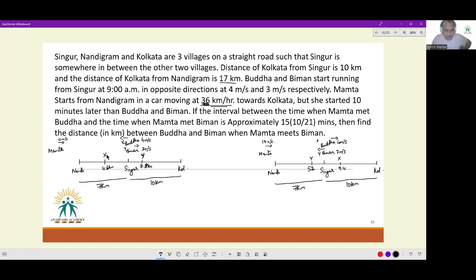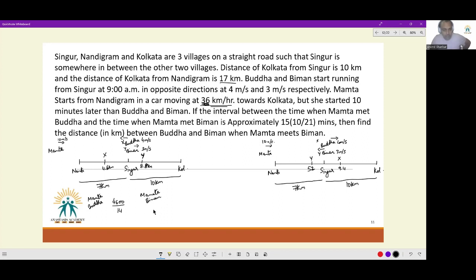Meeting of Mamta and Buddha. Buddha is moving at the rate of 4, Mamta is moving at the rate of 10. So, time taken will be 4600 divided by 14. This is the time taken between Mamta's meeting with Buddha and Mamta's meeting with Biman.